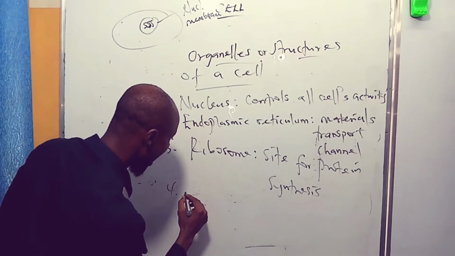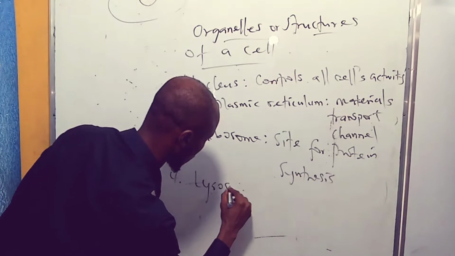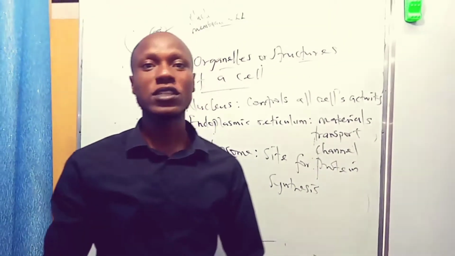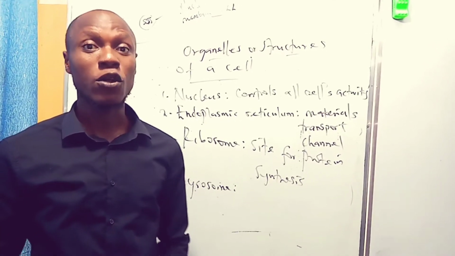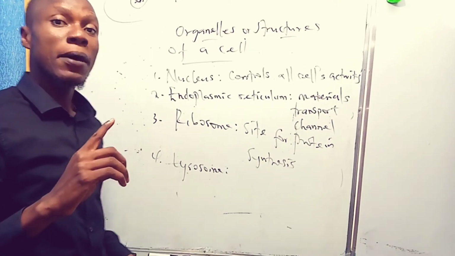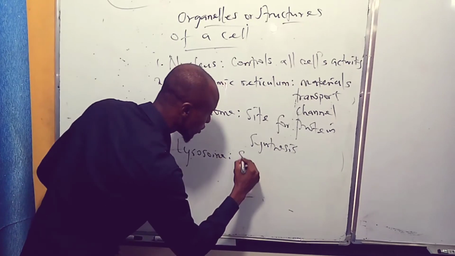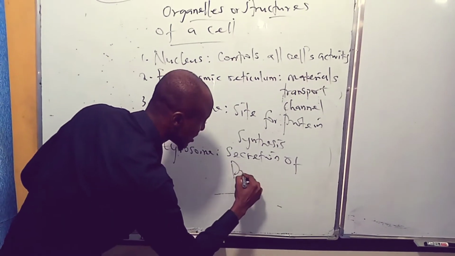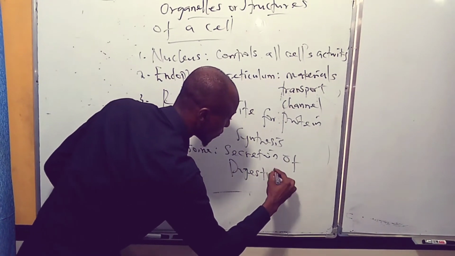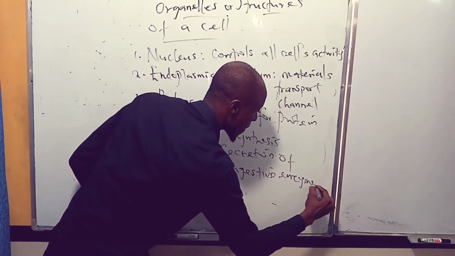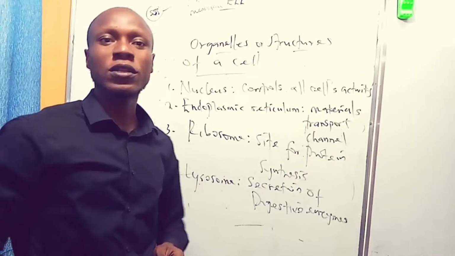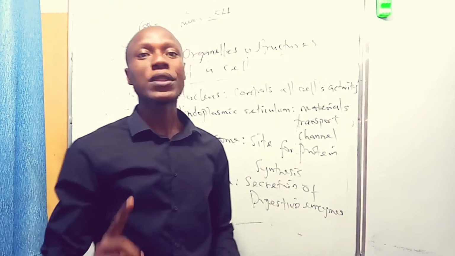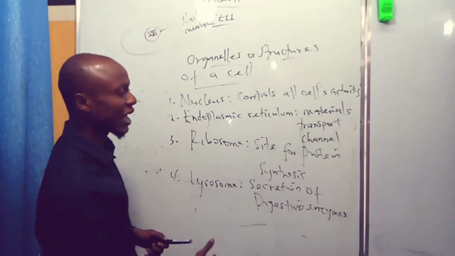organelle known as the lysosome. The lysosome is another important organelle found in the cell because it aids in the secretion of digestive enzymes. Digestion is an important process in life because without digestion there won't be a breakdown of what?